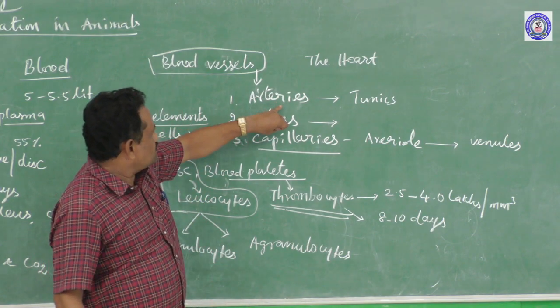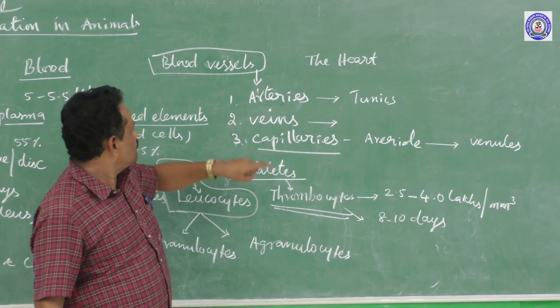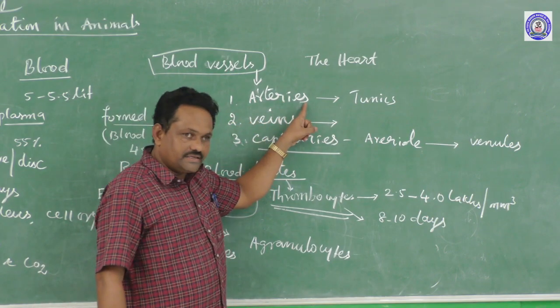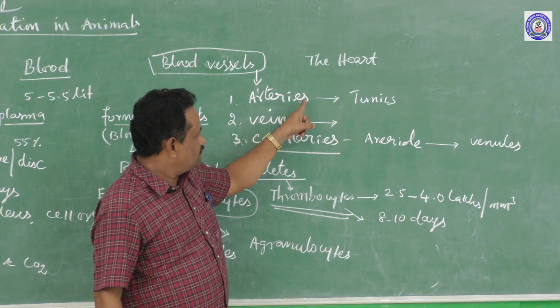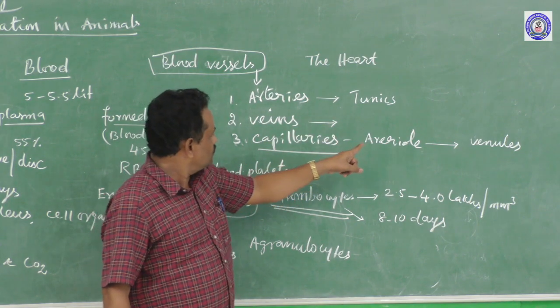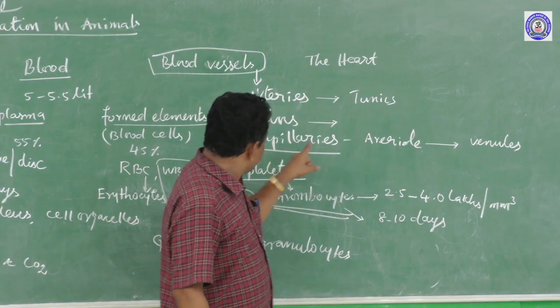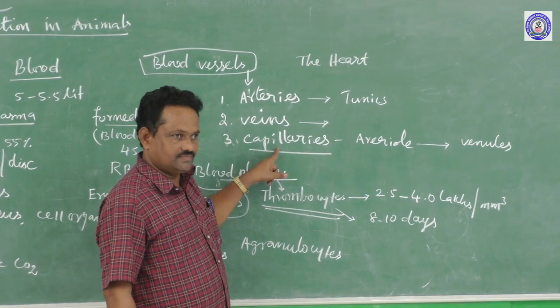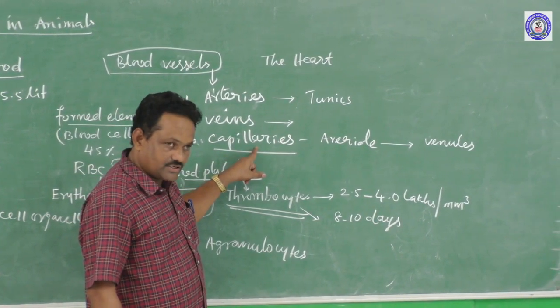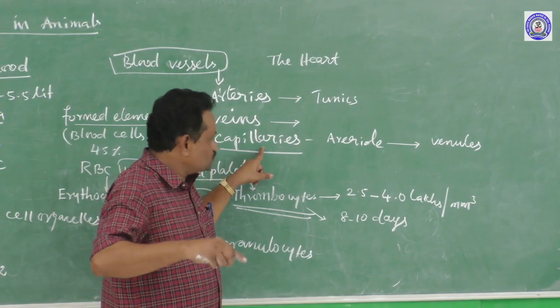See, arteries arise from the dorsal aorta. Arteries branch off into meta-arterioles and arterioles. From the arterioles, the very thin capillaries arise. These capillaries actually form in the organs and tissues.